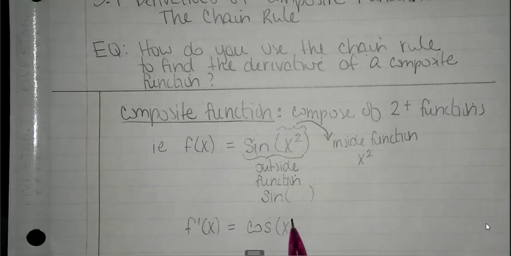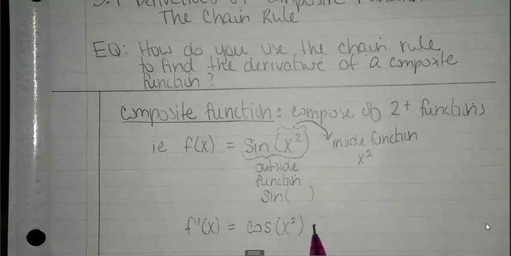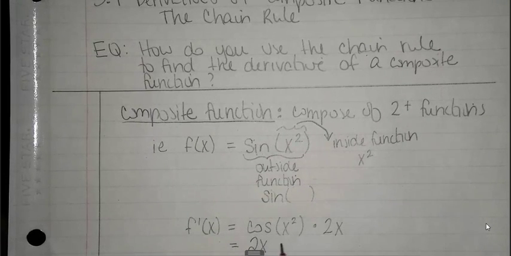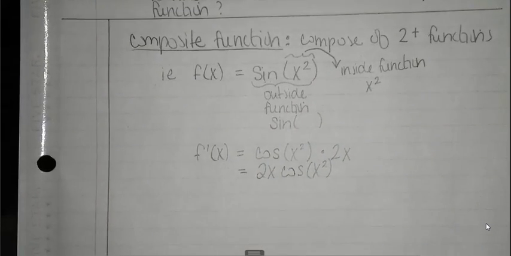So I keep what I originally had as my inside function. And then from there, I now take the derivative of this inside function and I multiply it. So I end up with my final answer being, and I'll bring this out in front, 2x times cosine of x squared. So that's one way of looking at it.